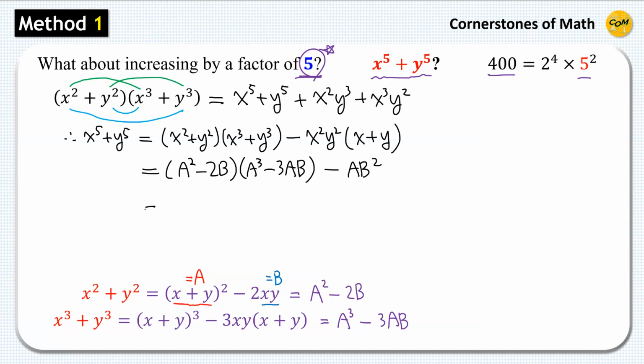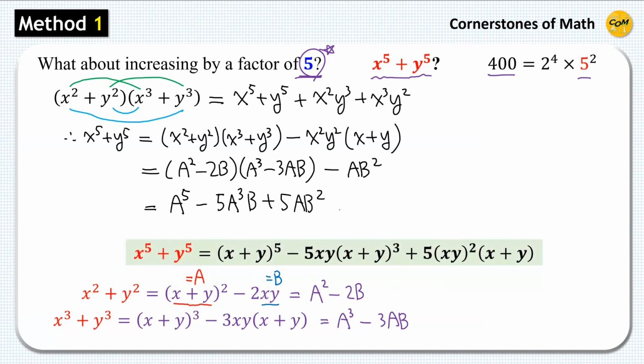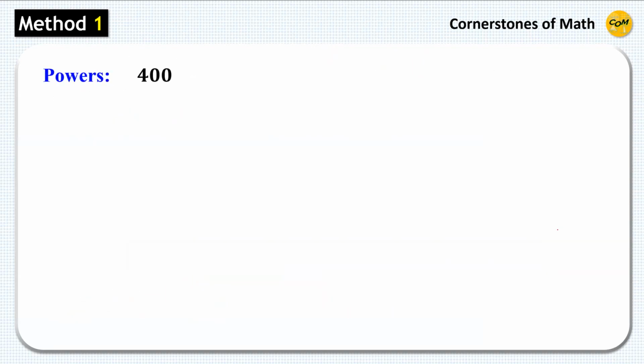If we expand and simplify, we obtain a to the power of 5 minus 5a cubed b plus 5ab squared. So if we convert everything back to x plus y and xy, we have x to the power of 5 plus y to the power of 5 expressed in terms of x plus y and xy, which is this formula.